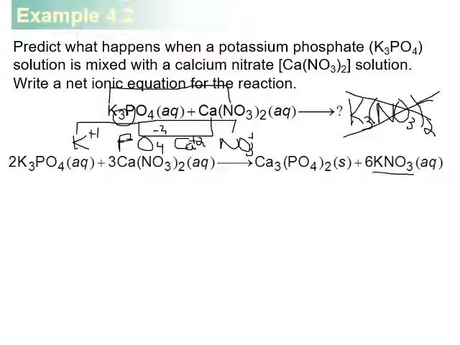So you would see that in your formula. As far as calcium and phosphate, calcium is positive 2 and phosphate's negative 3. So you're going to need 3 calciums and 2 phosphates to make positive 6 and negative 6 and make an overall charge of 0.